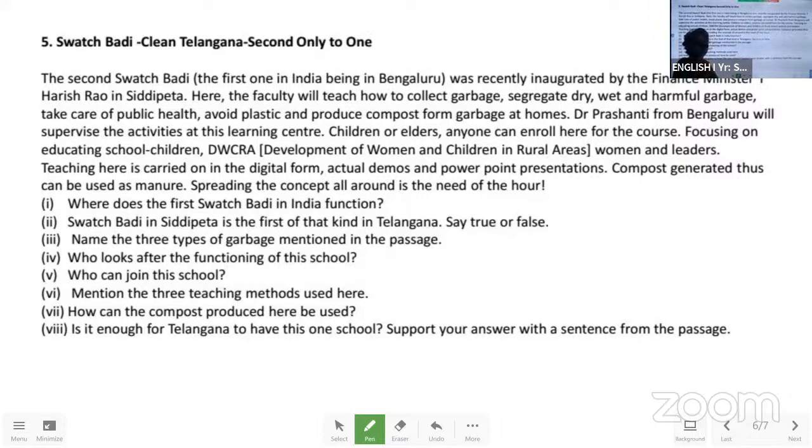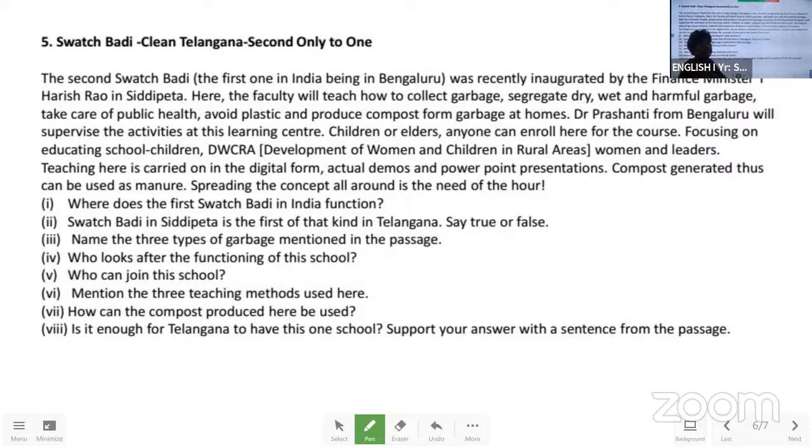Teaching here is carried on in digital form, actual demos, and PowerPoint presentations. Compost generated thus can be used as manure. Spreading the concept all around is the need of the hour.